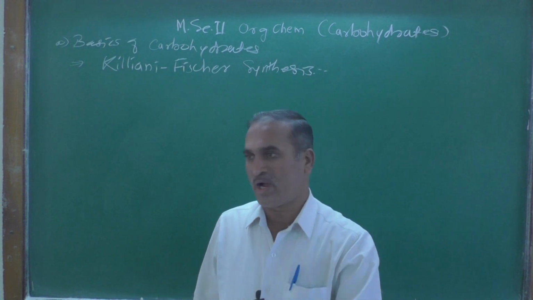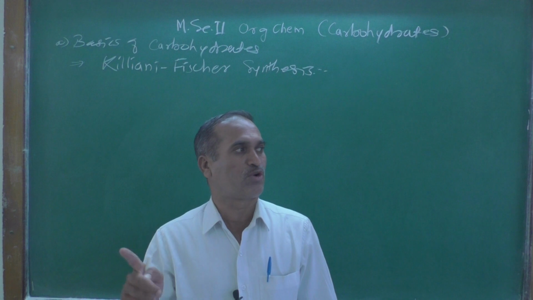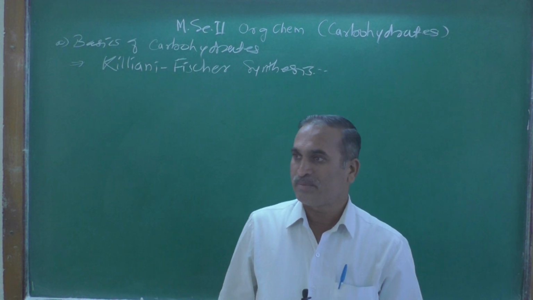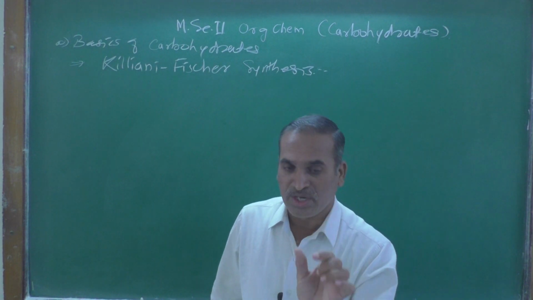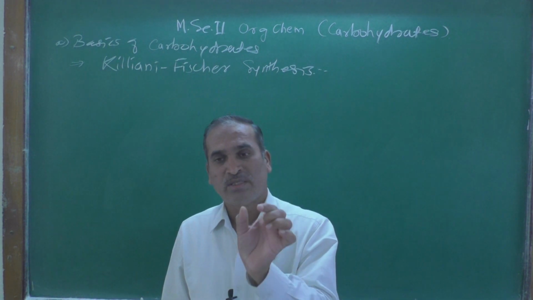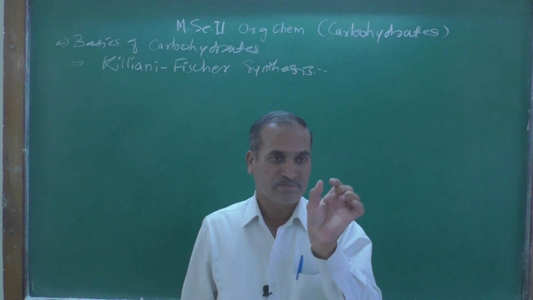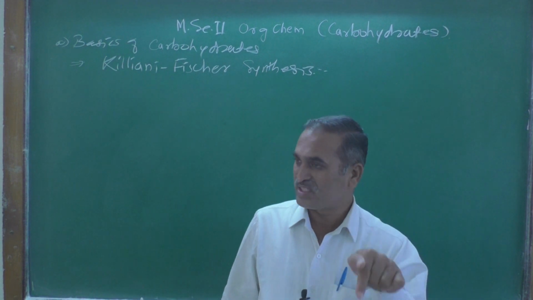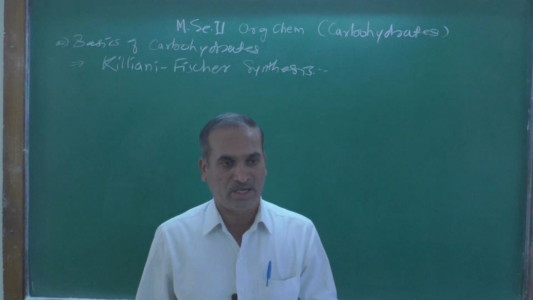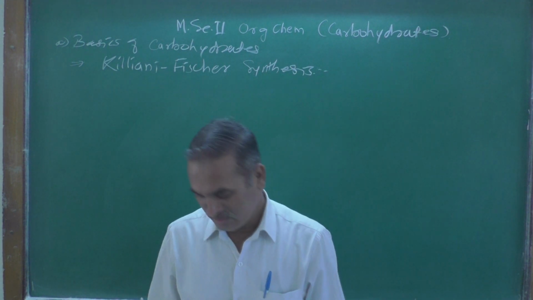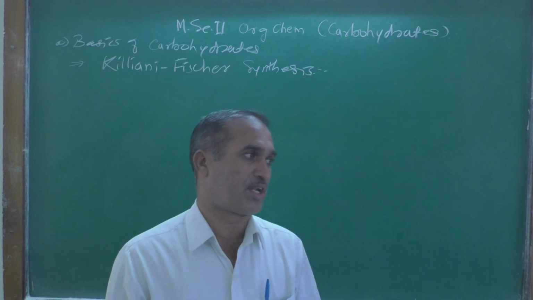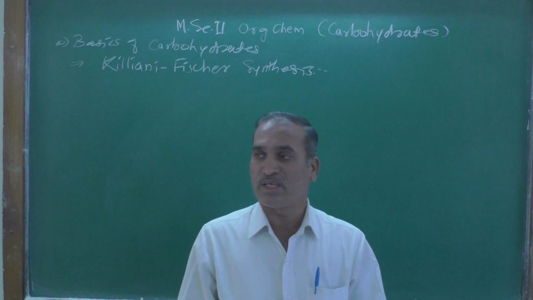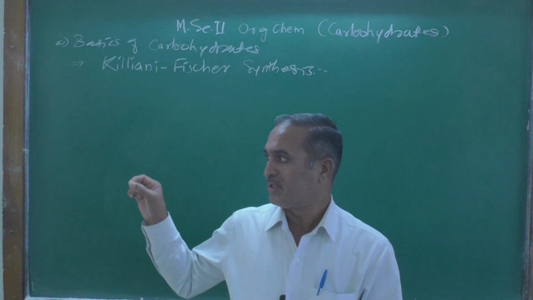We get 2 diastereomeric cyanohydrin structures, which means another chiral center is generated in addition to the 1 chiral center present in the glyceraldehyde.